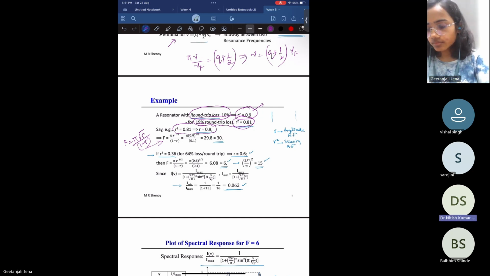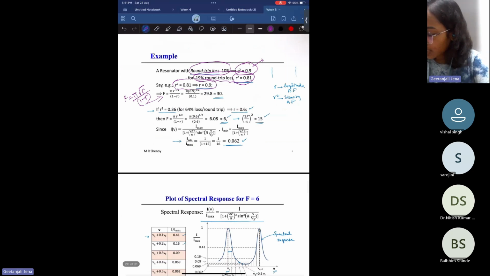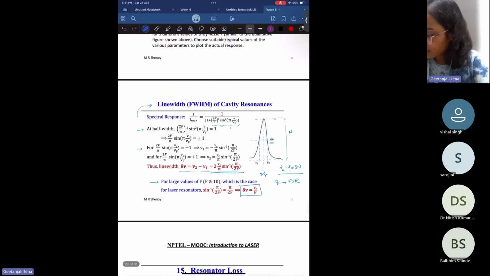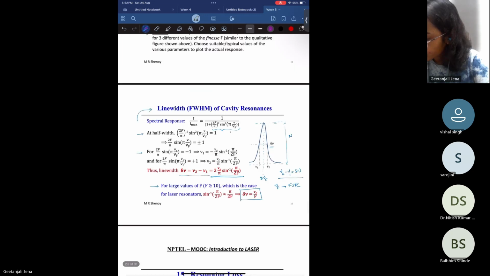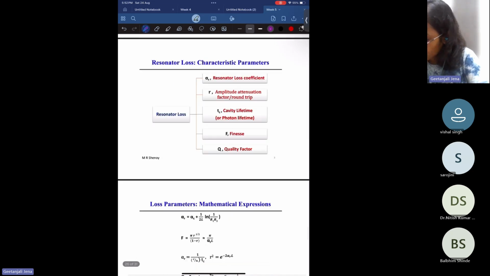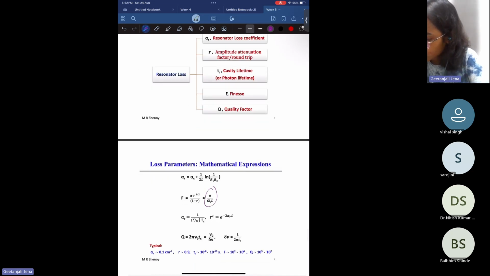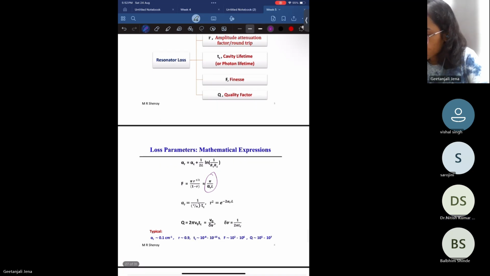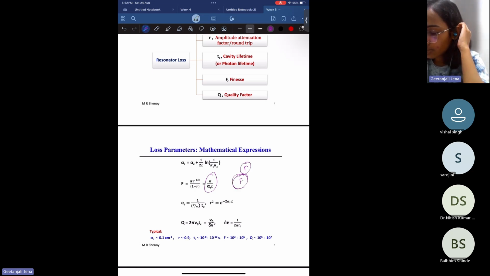Ma'am, we have one approximated formula. Are you talking about this? No, not this one, this one. Yes. So if in the question R is given, then you can easily find out the fineness of the system.